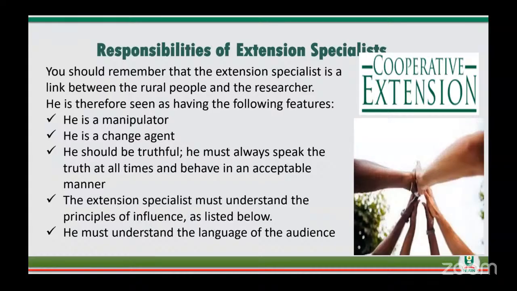He must also understand the language of the audience. Why is this important? The extension agent is an influencer, and if he is given to lying, he puts off the people he is supposed to be influencing. So his responsibility is important. He should remember that the extension specialist is a link between the rural people and the researcher or the research institute.